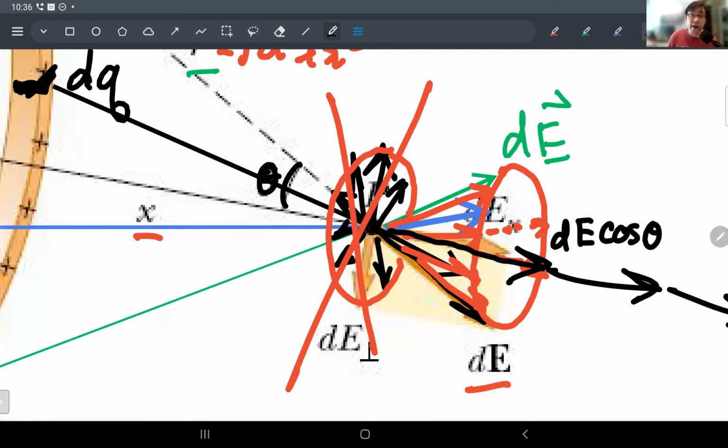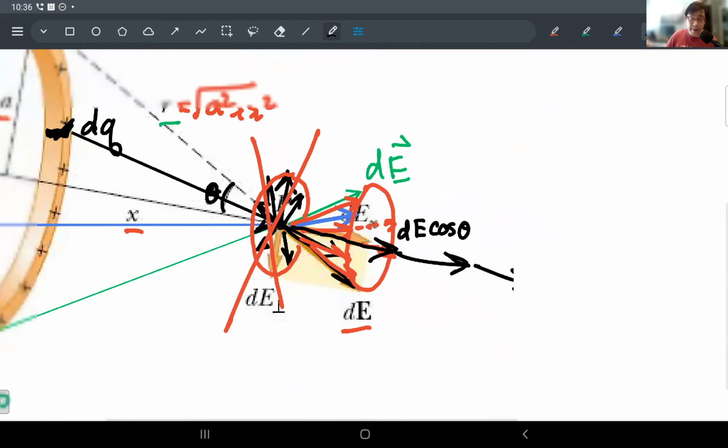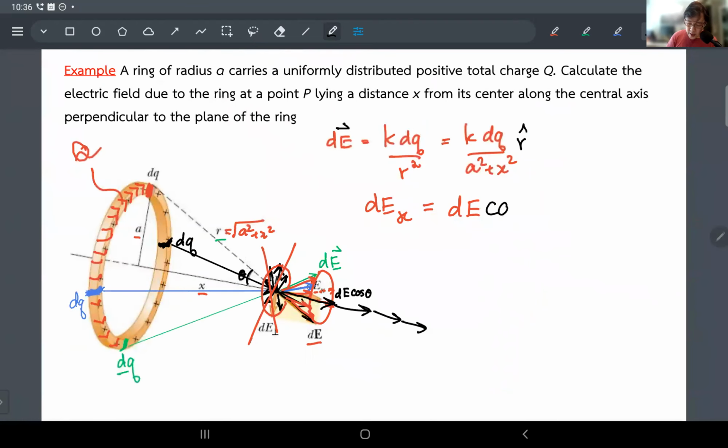Yeah, the sine component, you just throw away because you know that you're going to get perfect cancellation in that perpendicular direction. You only care about the cosine part of this one.